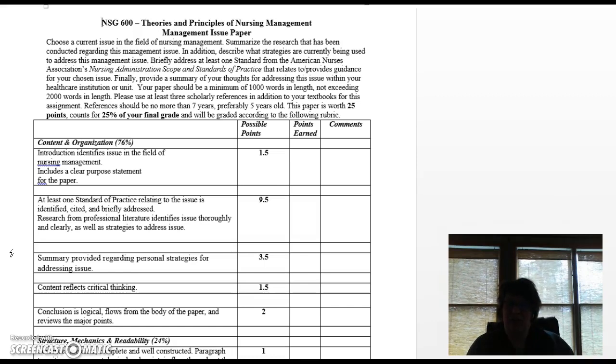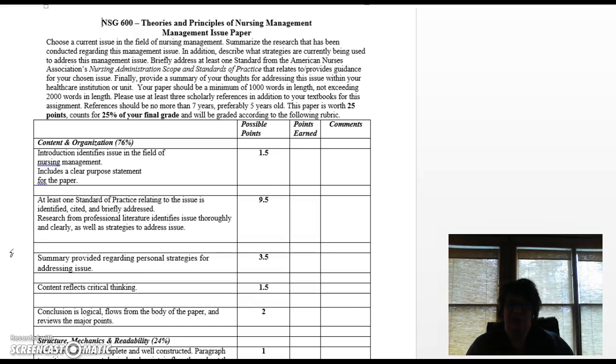So be very clear and concise with your writing as you're looking at the particular issue that you've identified. In addition, you need to be sure to include at least one of the standards from the Nursing Administration Scope and Standards of Practice that relates to or provides guidance for your chosen issue. So keep all of those things in mind as you're composing your paper.